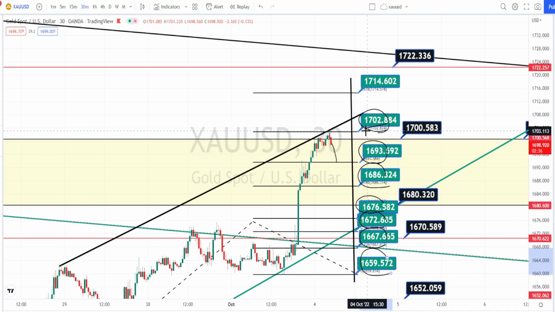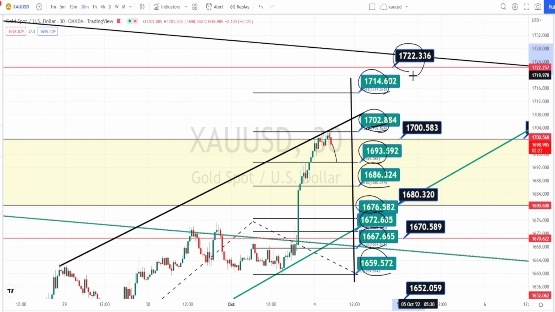And if the price action breaks the resistance level of 1702, next level of resistance on the bullish side is going to be around 1714 and 1722 from the daily time frame. Above this we have the bearish channel pattern resistance line from the daily time frame.